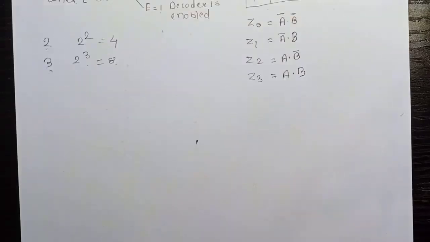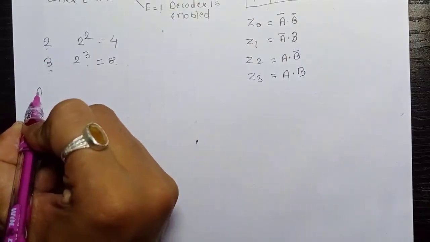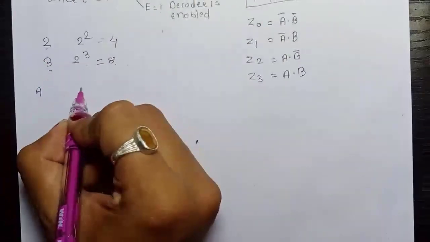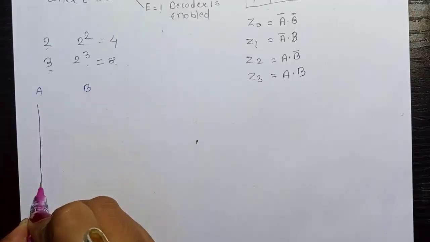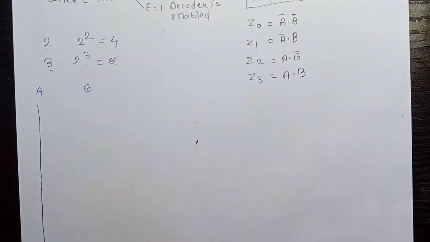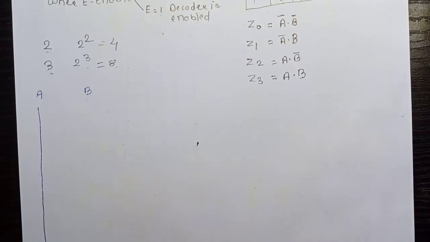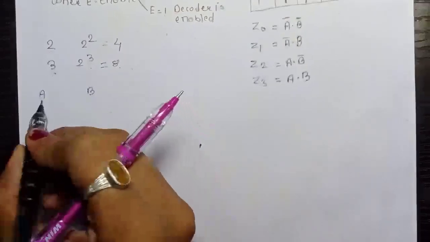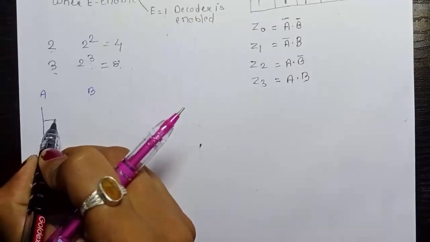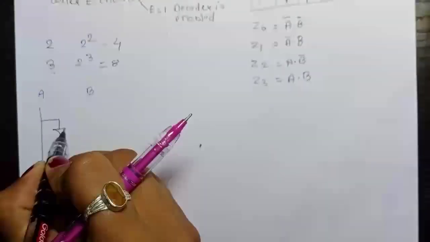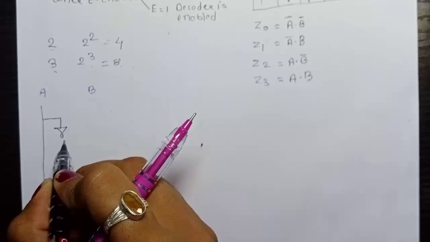Now let's see how to draw a logic circuit by using this Boolean expression for 2:4 decoder. There are two inputs, that is input A and input B. So this is input A line. I am indicating complement of A with black color, that is A bar.